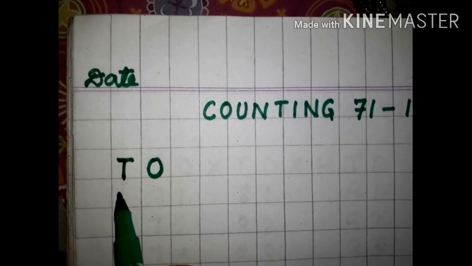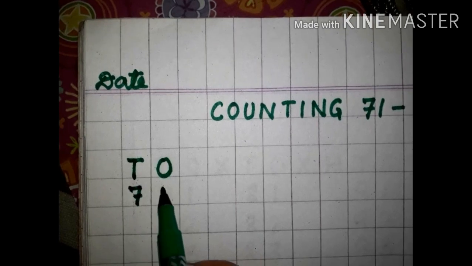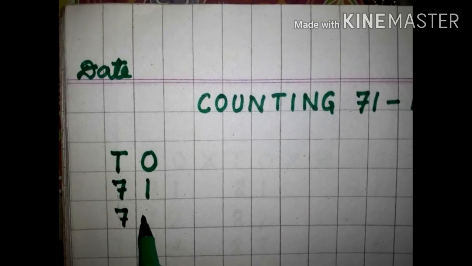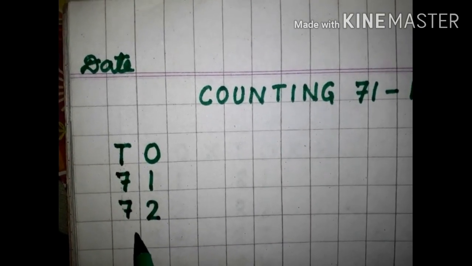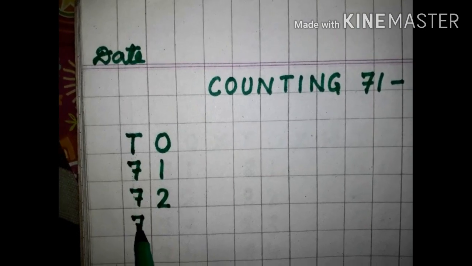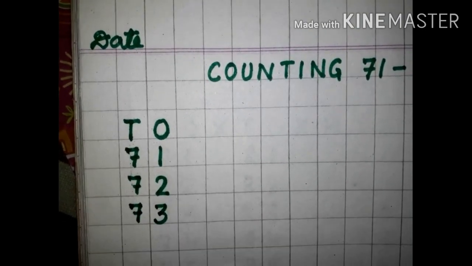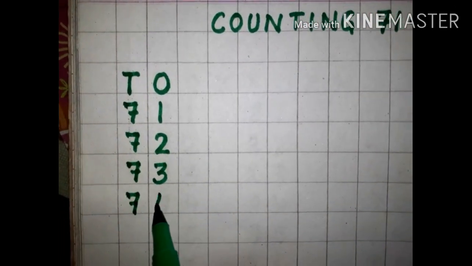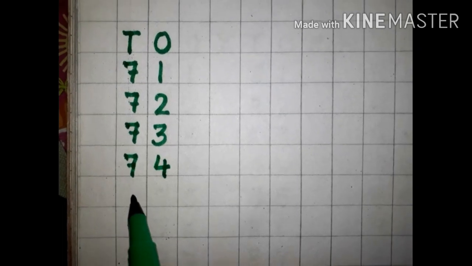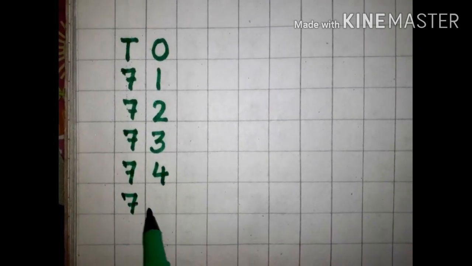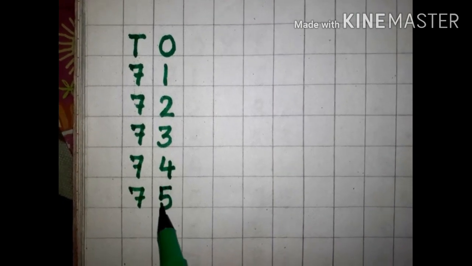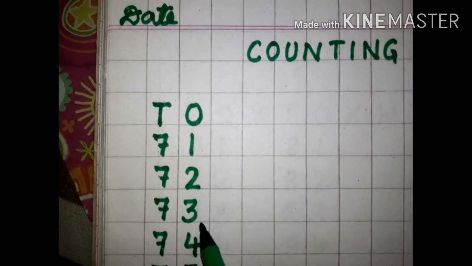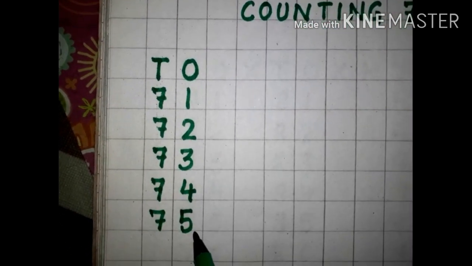71. So first of all we will write here 7, 1, 71. 7, 2, 72. 7, 3, 73. 7, 4, 74. 7, 5, 75. 71, 72, 73, 74, 75.